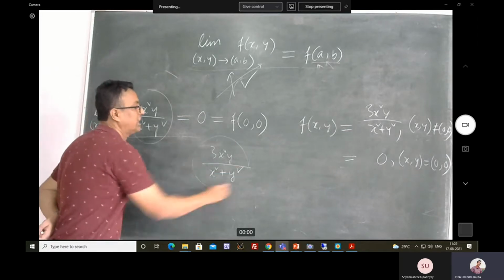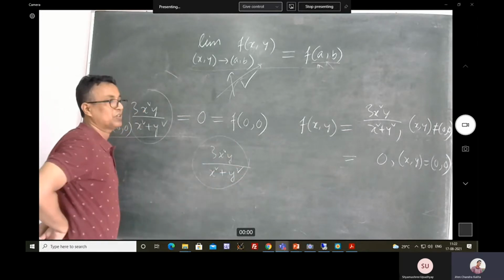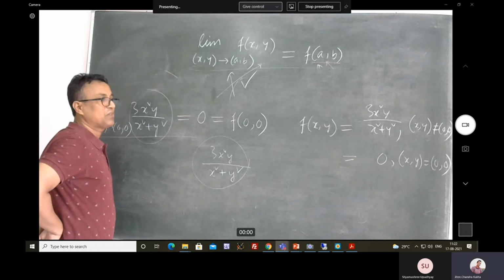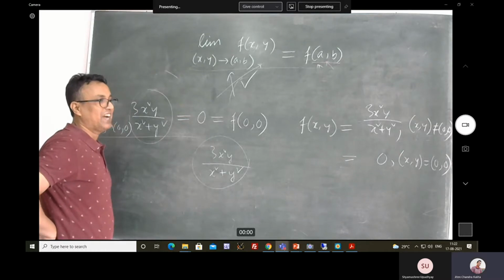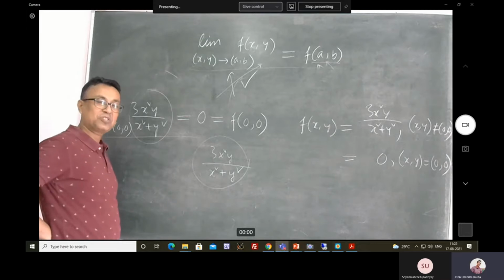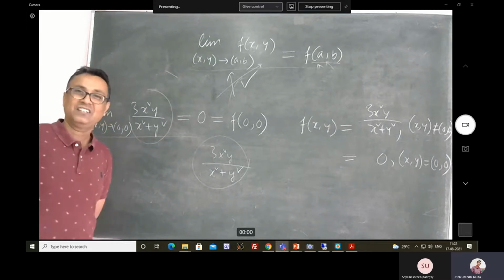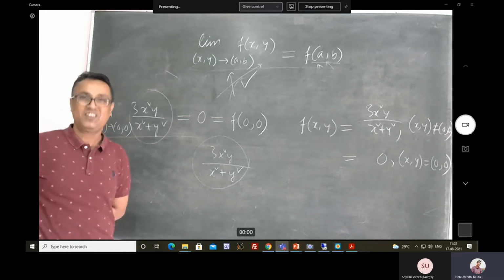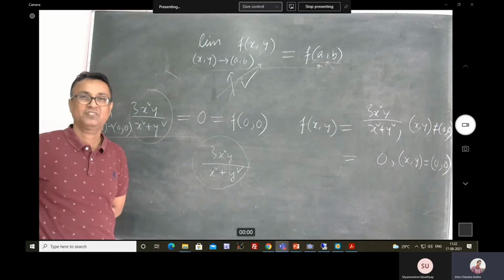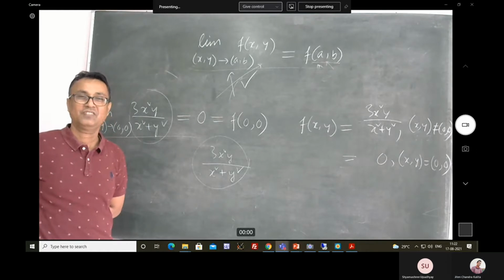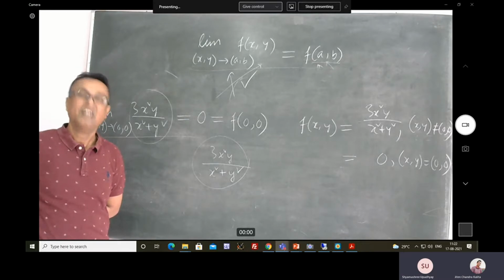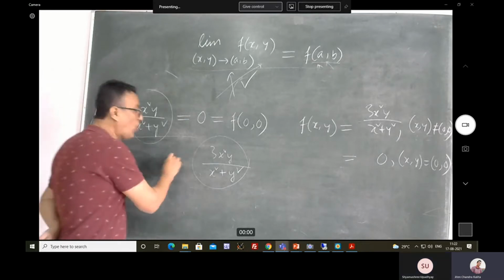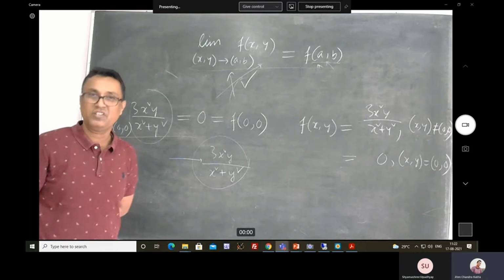So can I say that it is always going to be continuous at all points? All points belonging where? All points in the domain of definition. Exactly. At all points in the domain of definition.